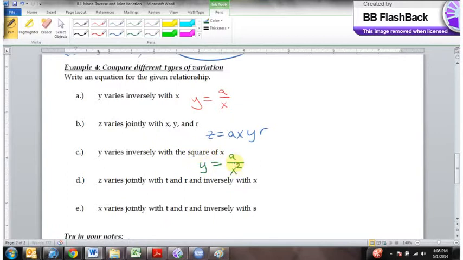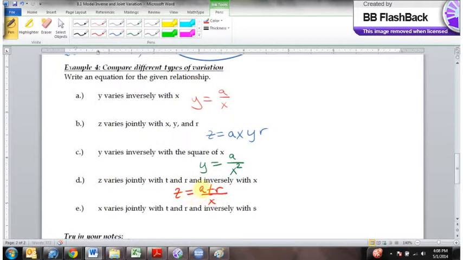In the denominator. Part D, z varies jointly. Okay, jointly tells me again I should have more than one variable. So z varies jointly. z equals a, don't forget your constant of variation, and t and r. Then it says inversely with x, so x is going to be in the denominator. We can do both at the same time.